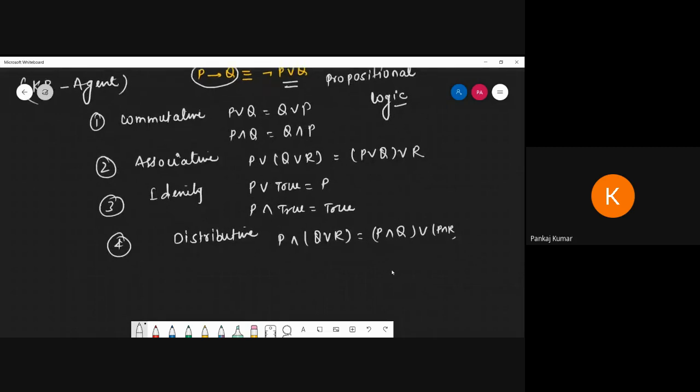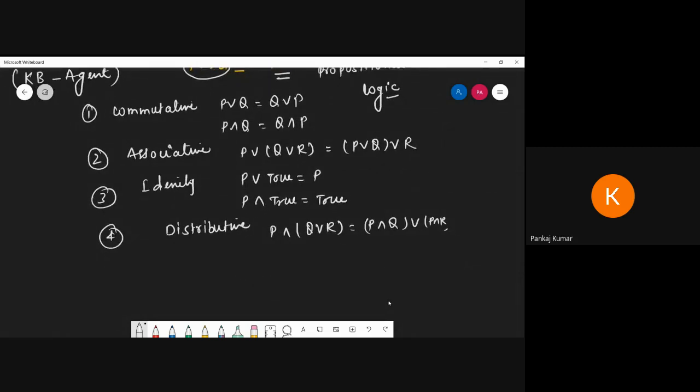And the fifth one is De Morgan's law, which is also applicable for both union and intersection. This is very important and we can use it most of the time.